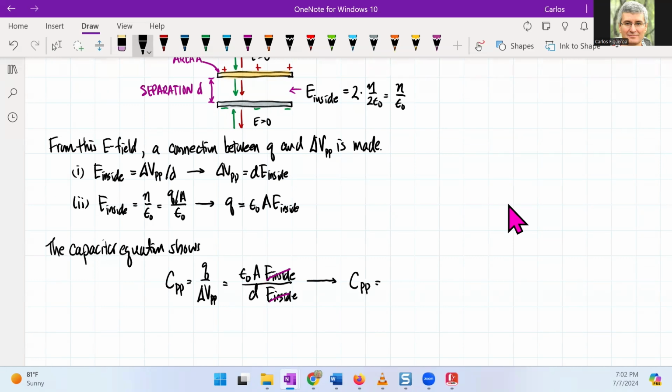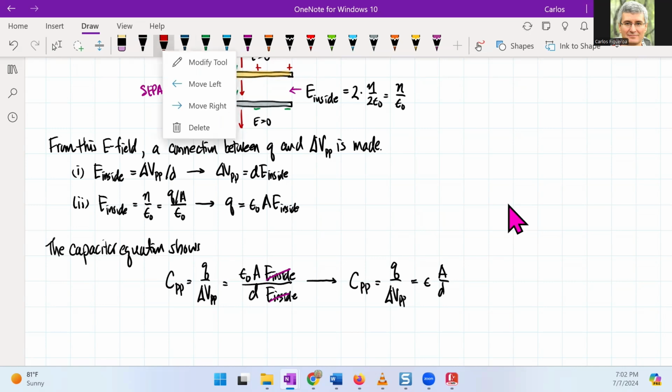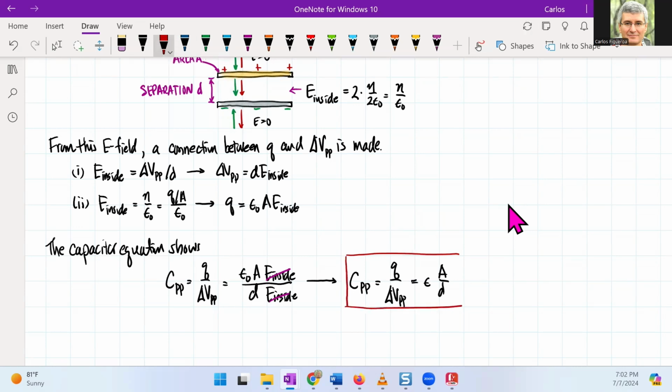The capacitance of a parallel plate can be written like this, but that's not in terms of the characteristics of the capacitor. What defines the capacitor? It depends on the dielectric inside. It depends on the area, and it depends on the plate separation. So when I look at this, what I see is that this thing is for all capacitors.